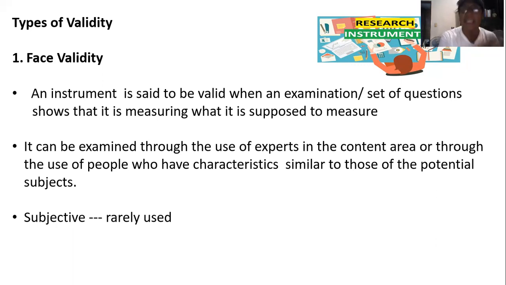Cronbach's alpha index is an index of validity and reliability, which ranges from 0 to 1. The more its value gets closer to 1, the more valid and reliable the instrument is.